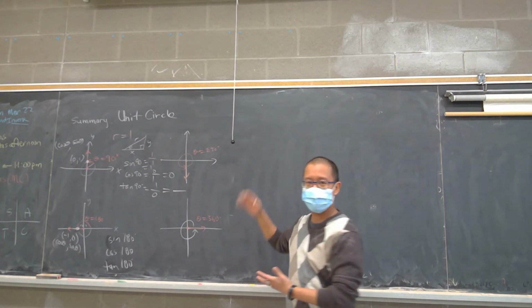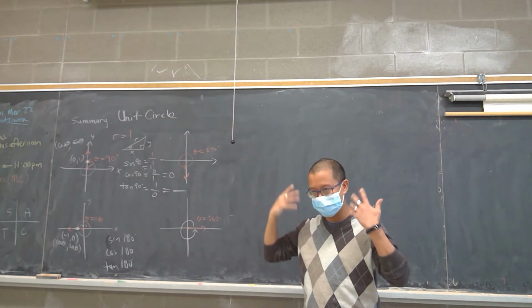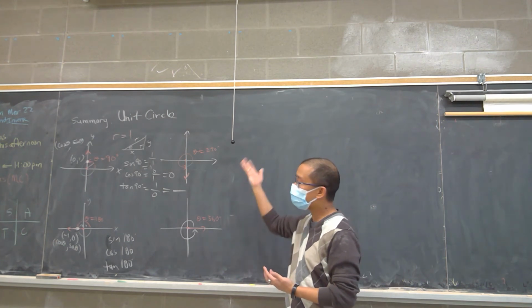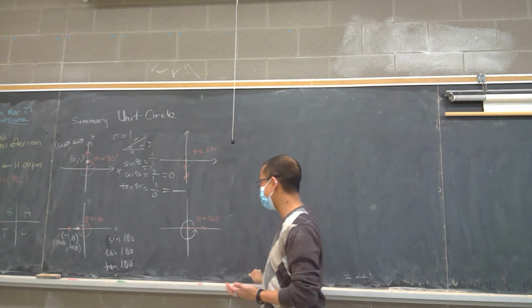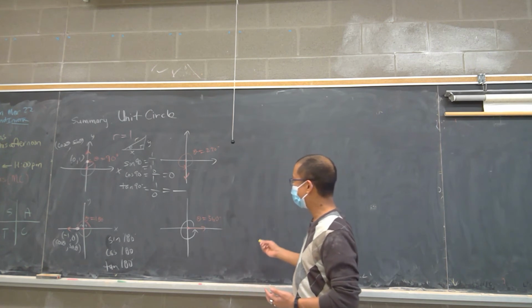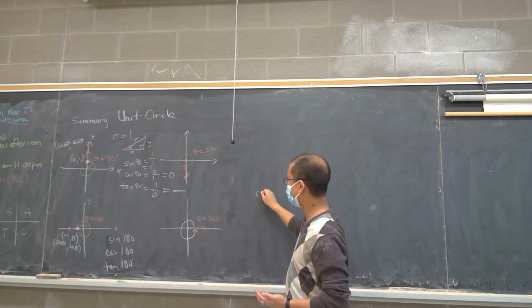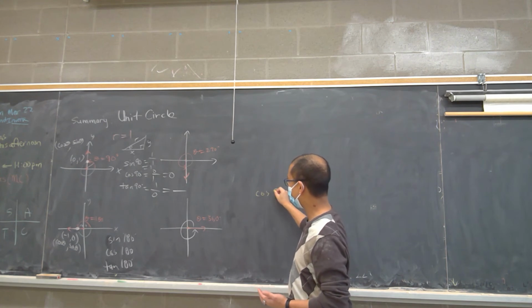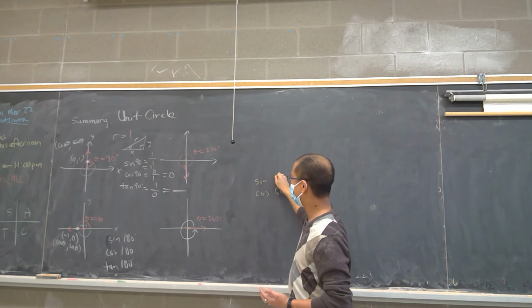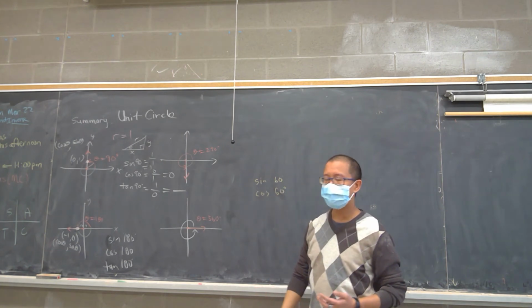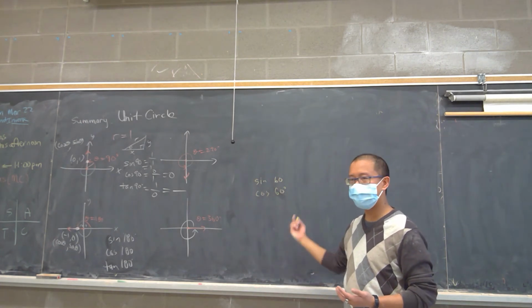So I think you guys can finish this off yourself by discovery and figure out what I'm trying to do, and that's why it's called the unit circle. Some of you realize, Mr. Chen, seriously? If I do cosine of, let's say, 60 degrees and sine of 60 degrees, I think some of you know what I'm trying to do.